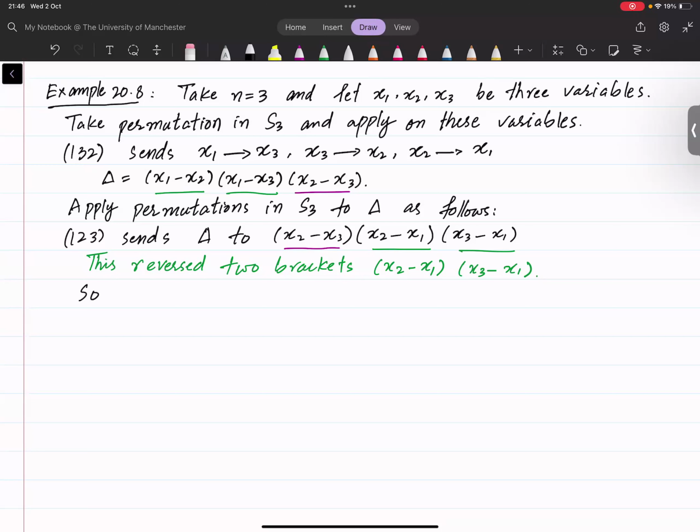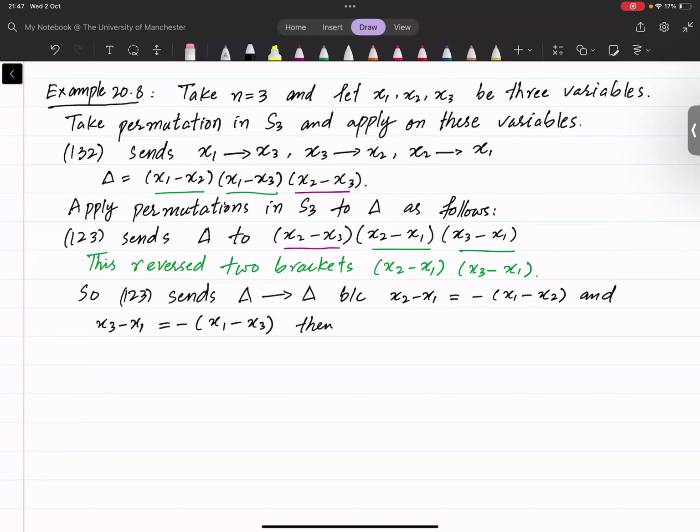So the permutation (1, 2, 3) sends delta to delta because x2 minus x1 is minus (x1 minus x2) and x3 minus x1 is minus (x1 minus x3).